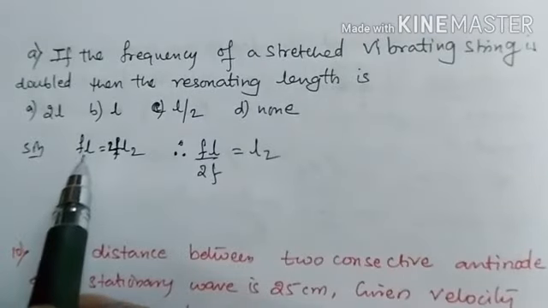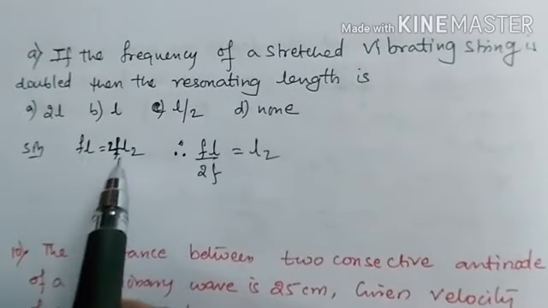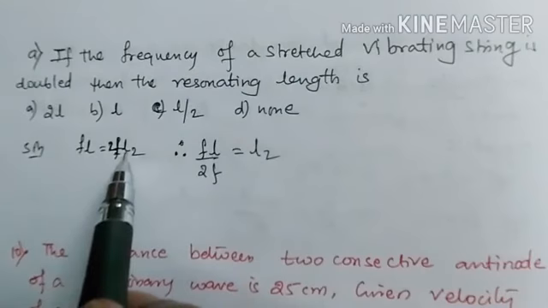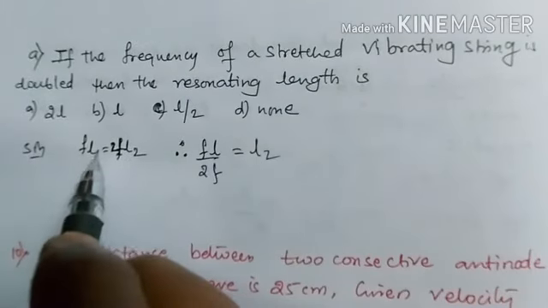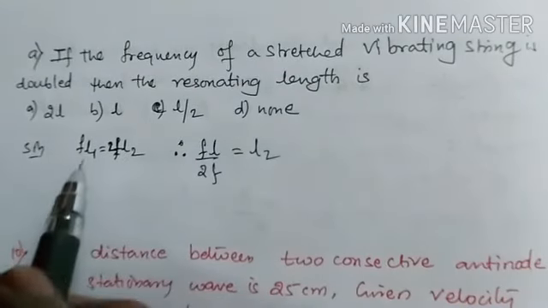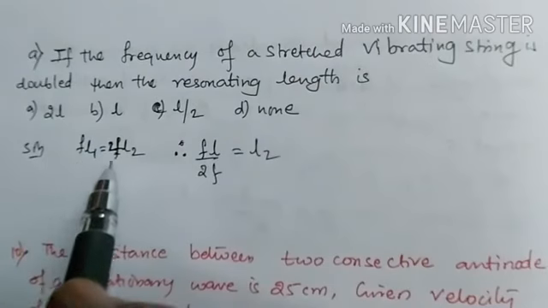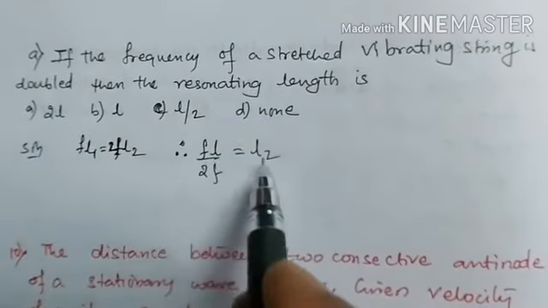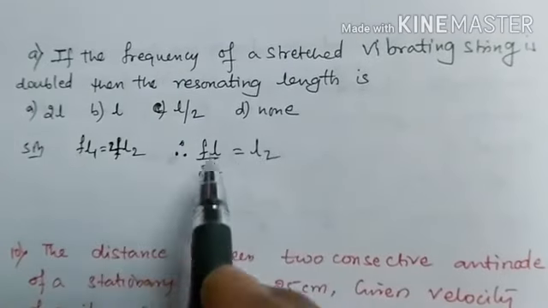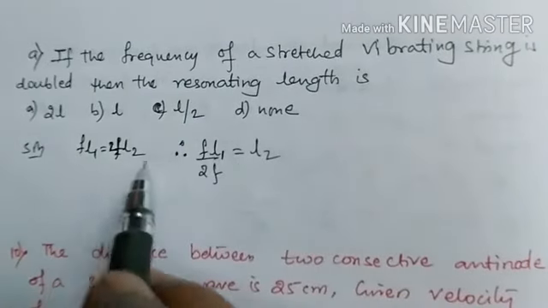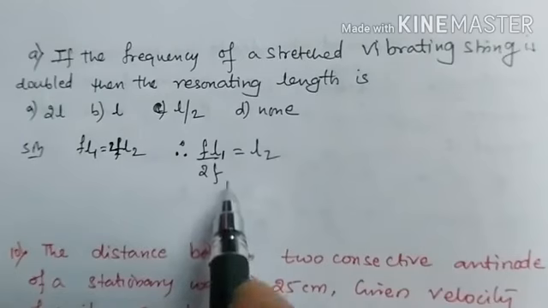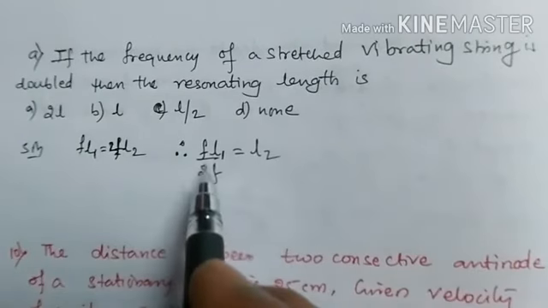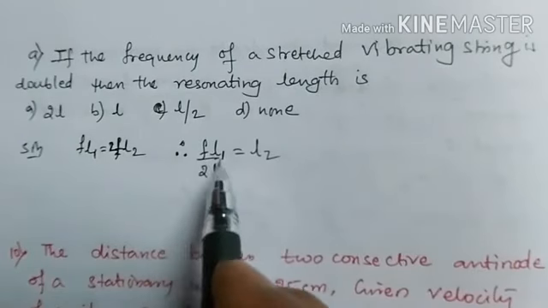Let the first length be L1 and the second length be L2. So what is the formula here? F L1 is equal to 2F L2. So therefore L2 is equal to F L1 divided by 2F.